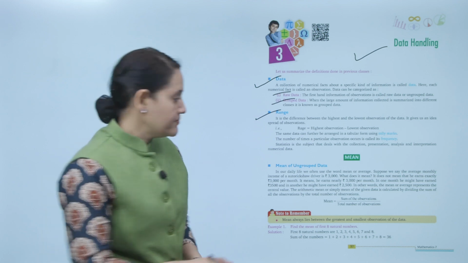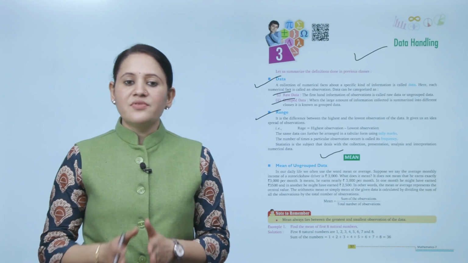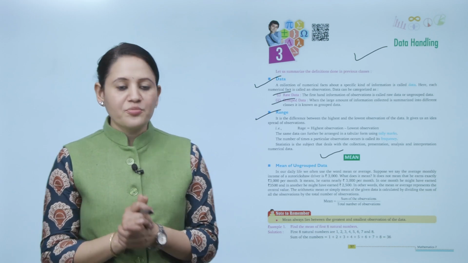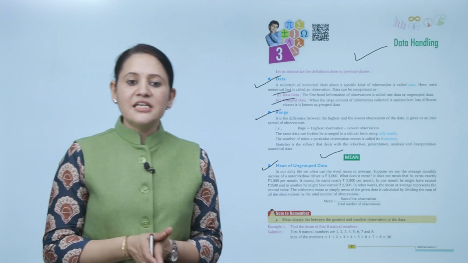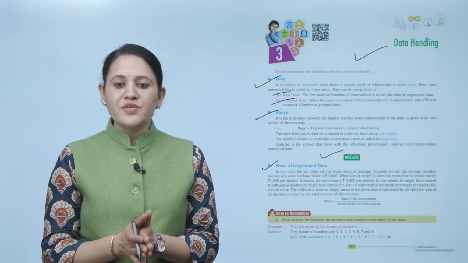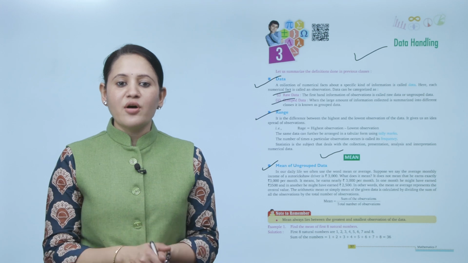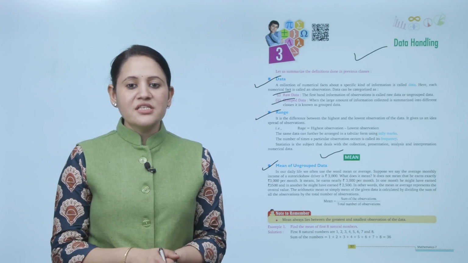First is mean. First, we will read about the mean of ungrouped data. In our daily life, we often use the word mean or average. Suppose we say the average monthly income of an auto rickshaw driver is rupees 3000. What does it mean?